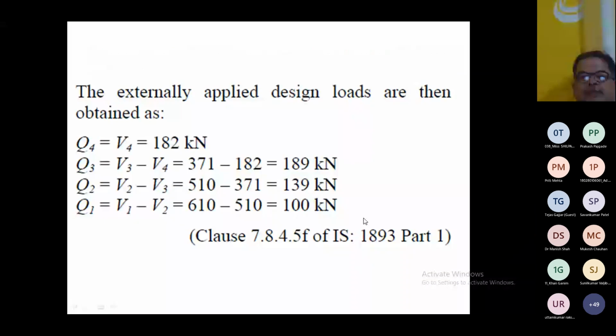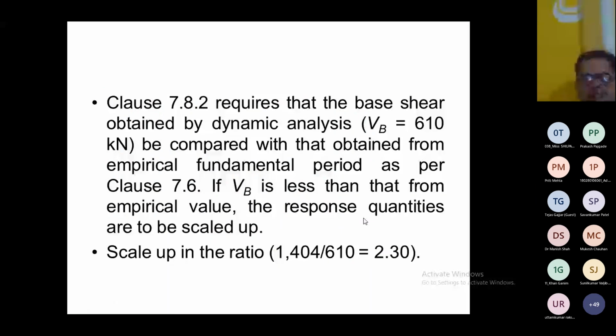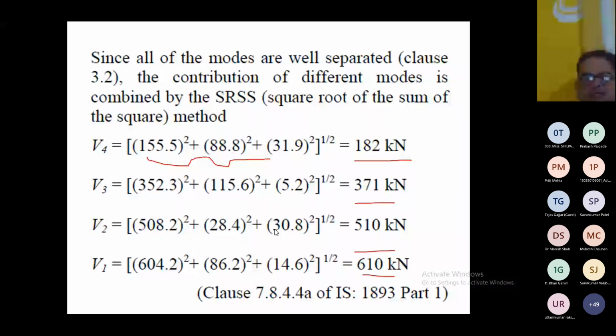This is the lateral force which is acting at each level, right? Now you see what response we are getting. The response we are getting here is basically 610. This is very important.